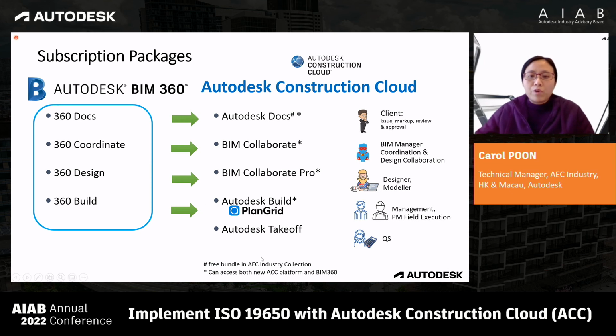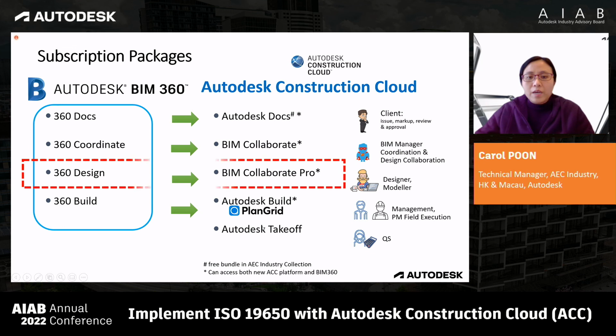And we have some add-on packages such as Autodesk Takeoff. Mainly today, we are going to focus on BIM Collaborate Pro. The old name in BIM 360 is 360 Design. So when you log into your ACC platform, you are using BIM Collaborate Pro.